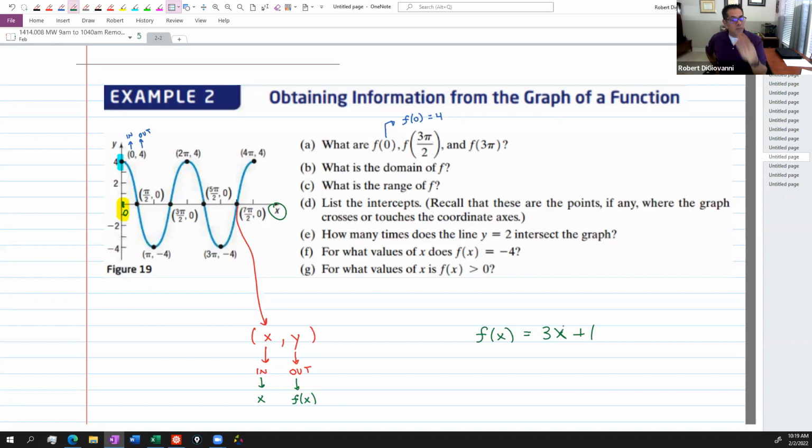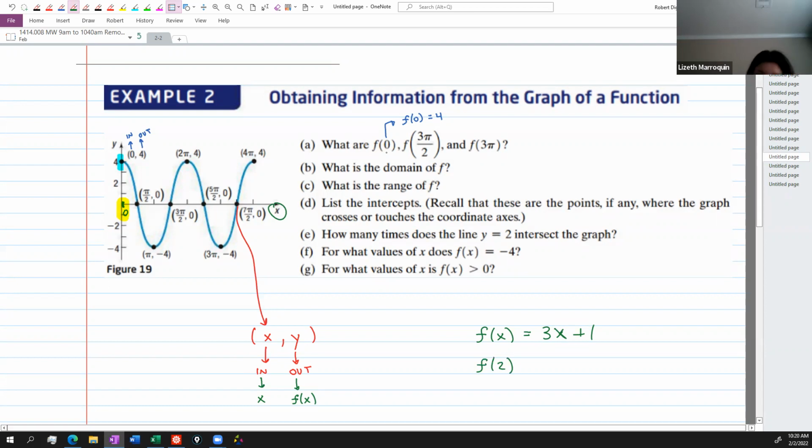If I wanted you to replace x with 2, wouldn't I write this? I would write f of 2 like that. And that would tell you, go replace the x with 2 and tell me what you get. Yes? Same thing. This is like the x. This is like the x. This is like the x. Make sense? Yes, thank you. Good. Thank you for asking the question.